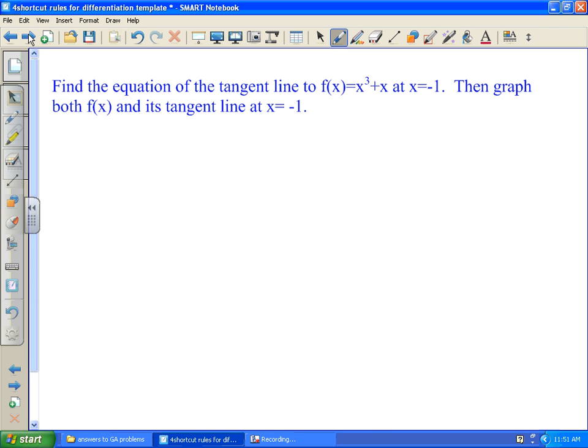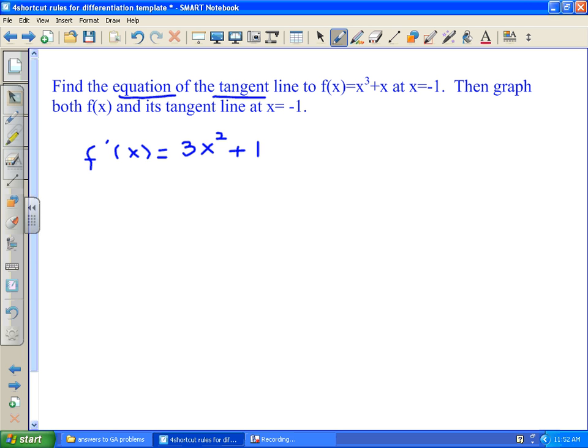So to find the slope, because anytime you want the equation of a line, you will want to know the slope, right? What is the slope of the tangent line? The derivative, right? So let's find the derivative of f by the shortcut rules. What would it be? We go term by term, and we get 3x squared plus the derivative of x, which is 1.